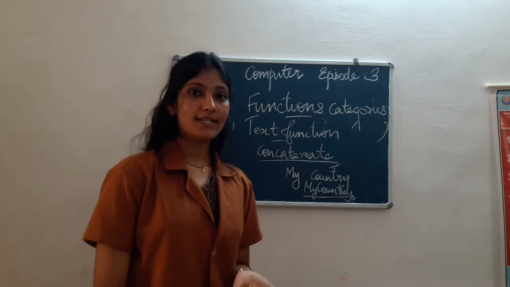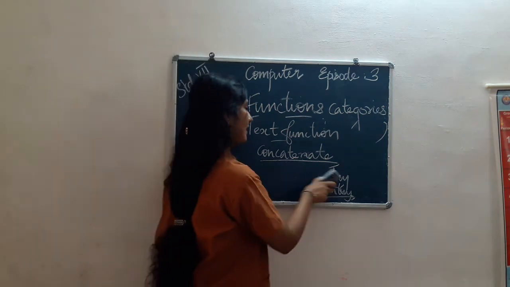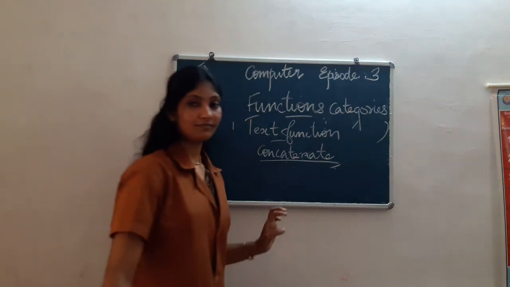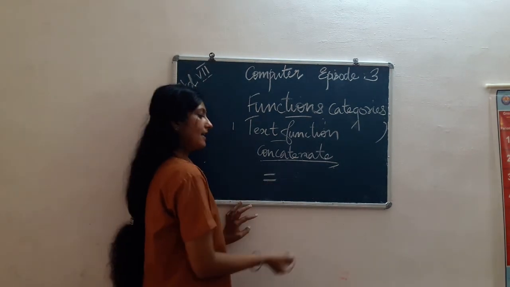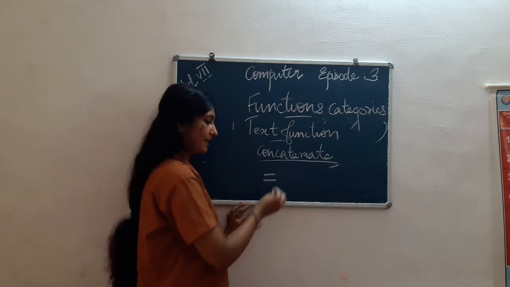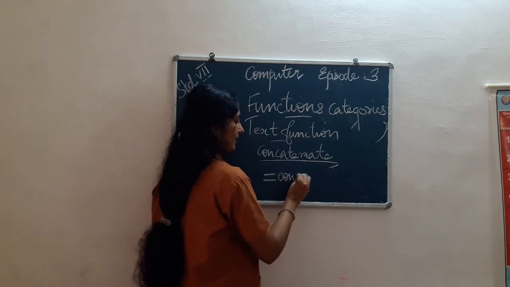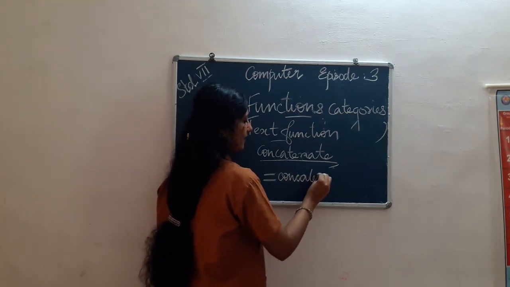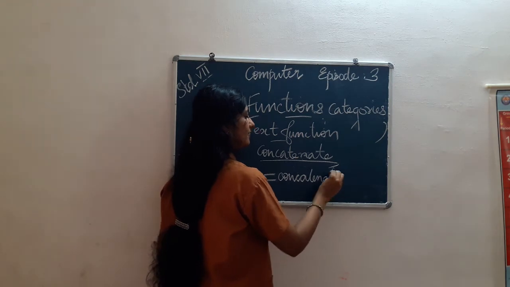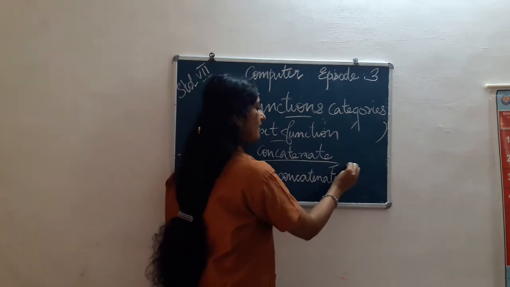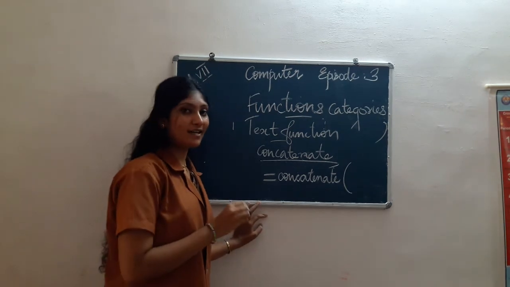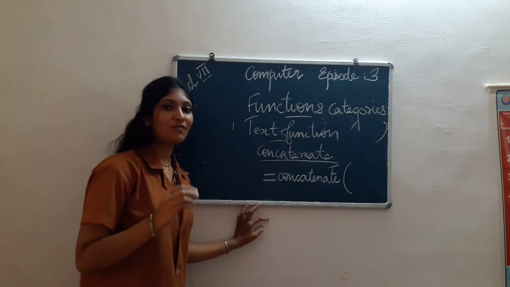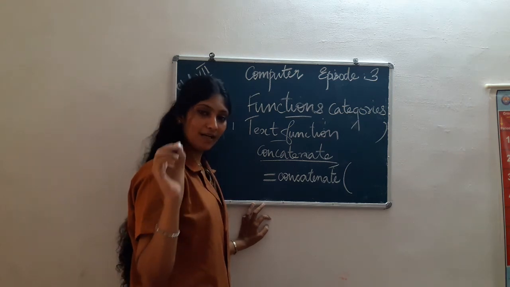Then let's see what the function used in concatenation looks like. First, start with an equal to symbol, then the function name concatenate, and then the arguments. Remember that each argument here is a string, and a string we enter within double quotes.